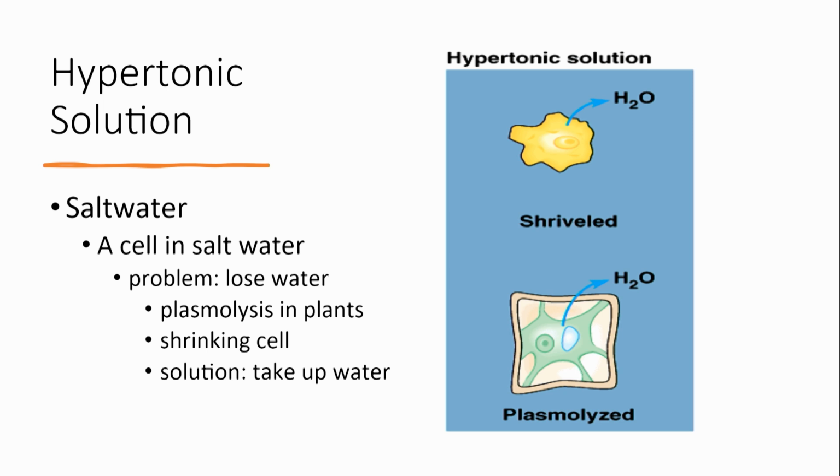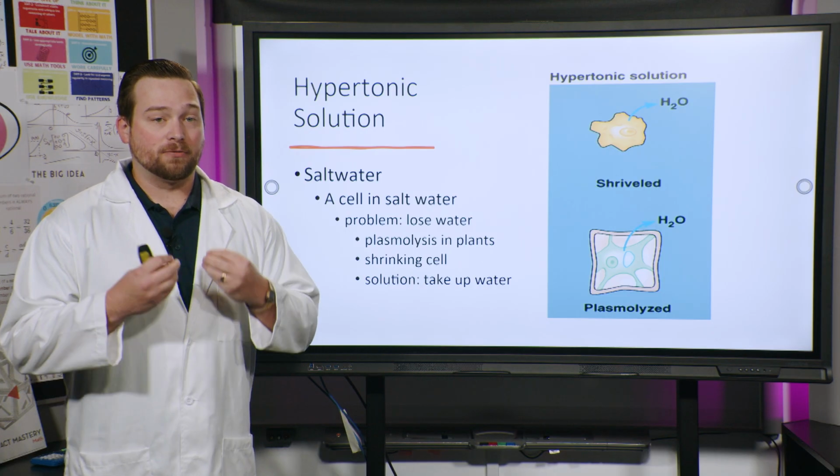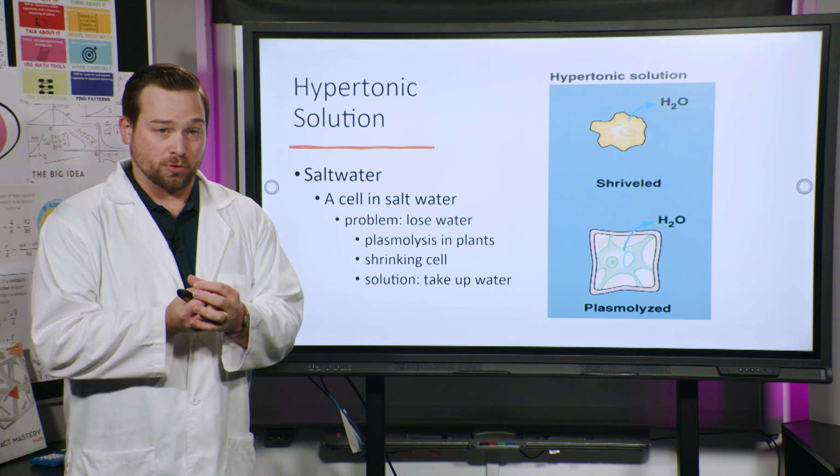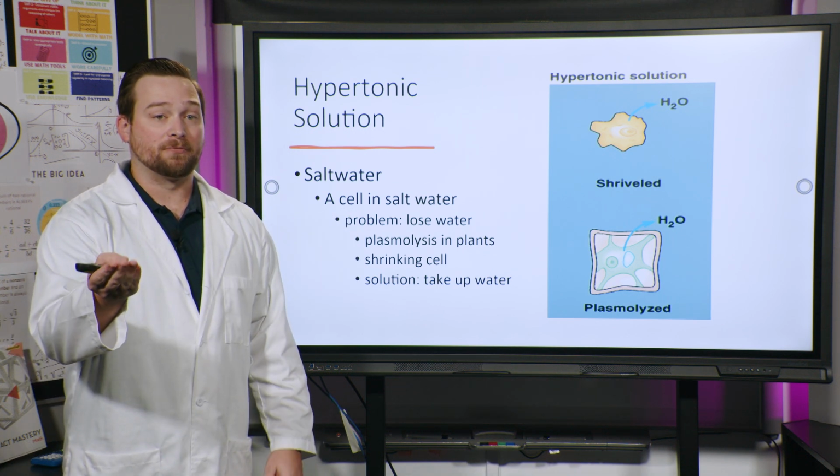Okay? This is really bad for plants, and I'll tell you why here in just a second. So a hypertonic solution, an example of that would be like salt water. So salt water has a lot of solutes dissolved in it. Okay? So what might happen is when that water starts to leave your cells, the cell's going to shrink a little bit. And this can be really bad for plant cells.